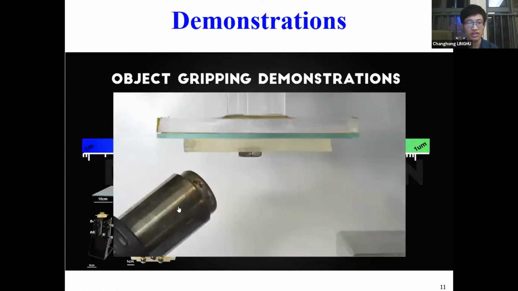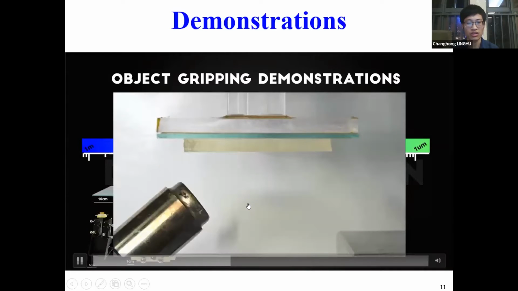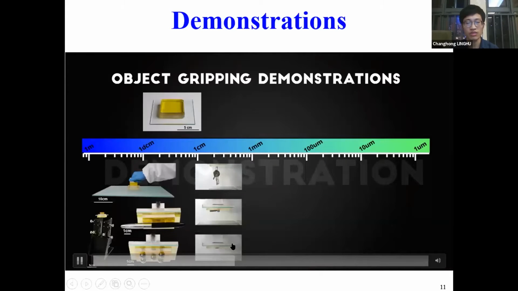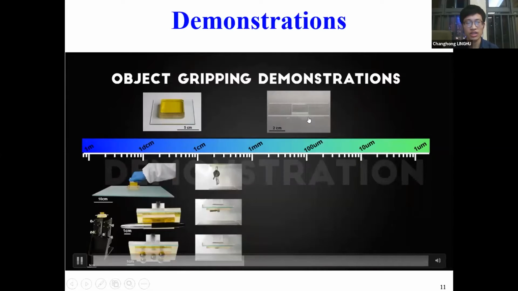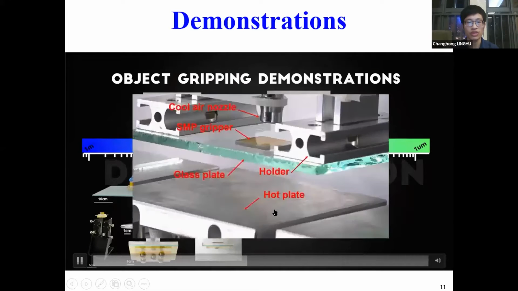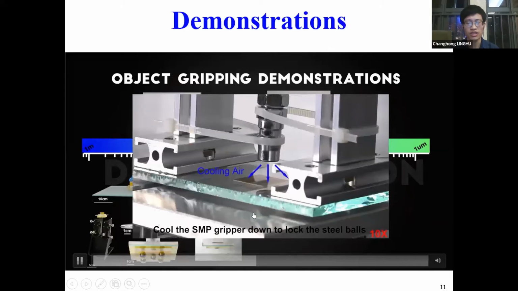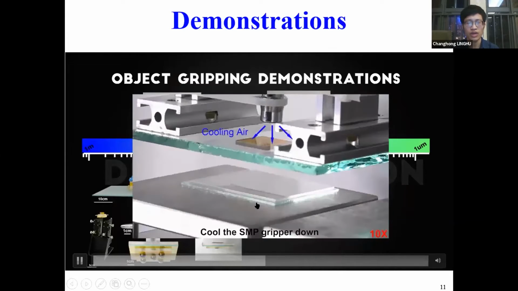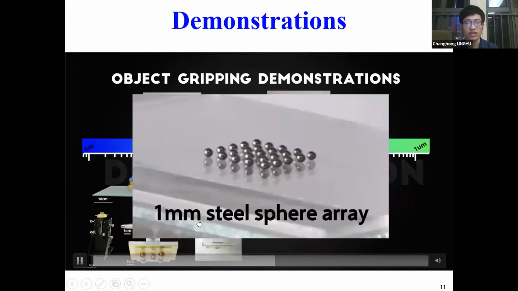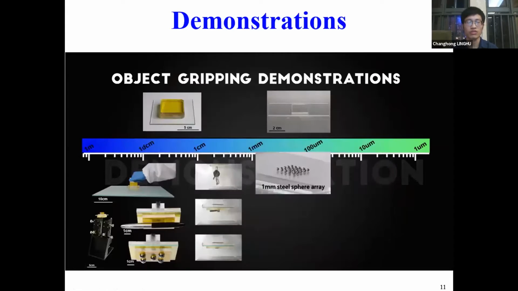The heating gun will drive the shape recovery of the SMP block, and we can further scale it down for the transfer printing of steel sphere arrays with a diameter of 1 millimeter, 500 micrometers, down to 300 micrometers.